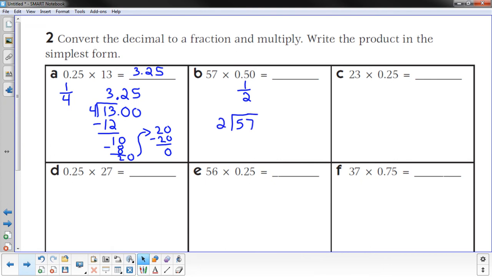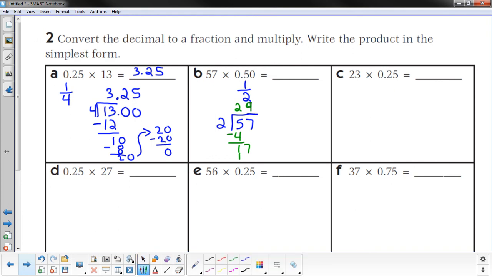I think I'll use a different color. 2 goes into 5 twice. Bring the 7 down. 2 goes into 17 4 times. Oop, more than that, right? It's actually going to be 8.